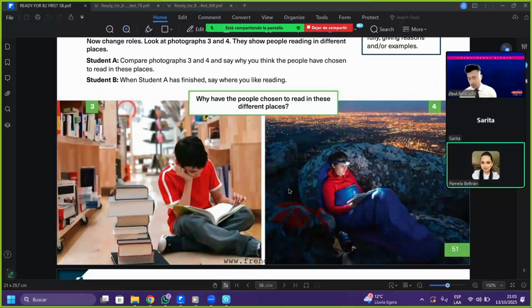So maybe they have more options to read. And another difference that I could see is that maybe the second student is reading something about astrology, stars, and the first one is reading something of maths or language or something more formal at school.